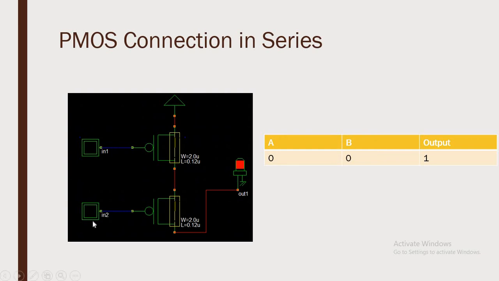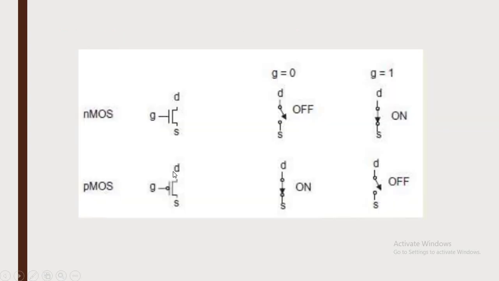Here students, look, we have two inputs, input A and input B. As I told you earlier, the PMOS is a low voltage device, meaning whenever we apply low voltage at the gate, the drain and source of the PMOS become short circuited. As you can see here, the drain and source become short circuited whenever we apply low voltage at the gate.